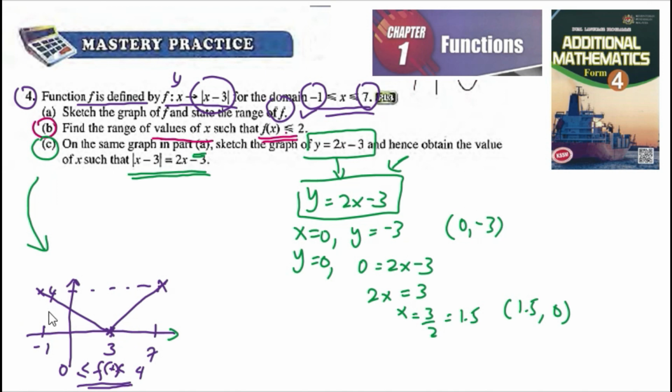So (0, -3) is here, below, at negative 3, and this one is (1.5, 0). So 1.5 is in between 0 to 3, which is here. So you can mark the straight line here.